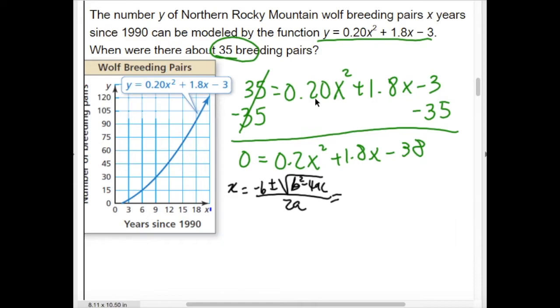So that equals negative 1.8 plus minus square root of b, which is 1.8 again, squared, minus 4 times a, which is 0.2, times c, which is negative 38, and all of that over 2 times a, which is 2 times 0.2.